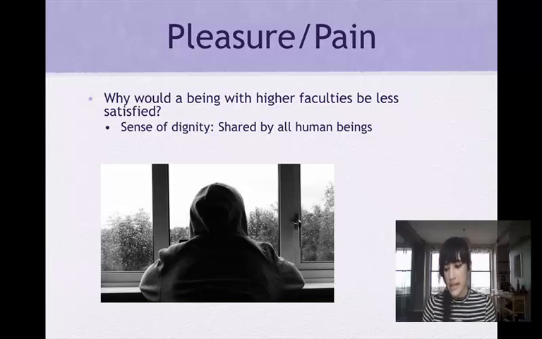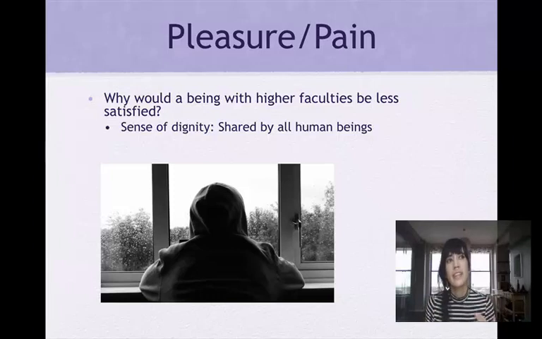Well, we as human beings all share a sense of dignity, right? Think back to Kant with respect to how we should be treated with autonomy and respect, and we are rational beings. These are things we value. We value being able to be rational. We value our independence and freedom. And that goes into our sense of pride, our sense of dignity.